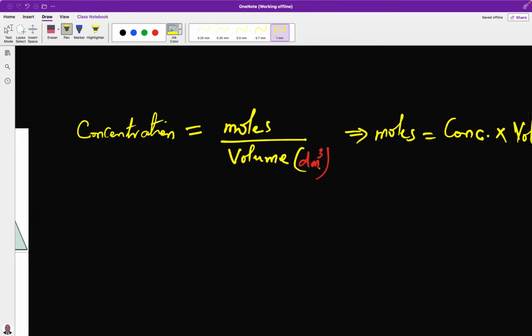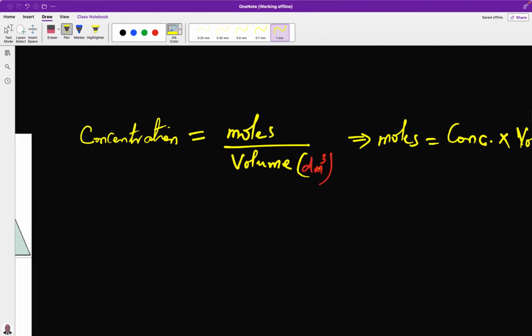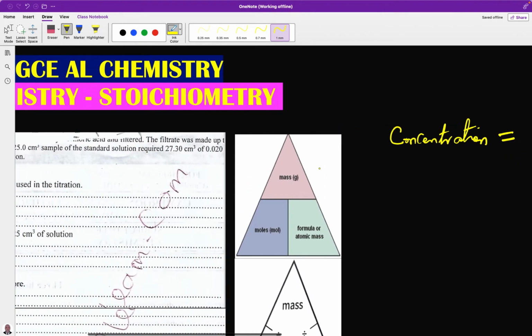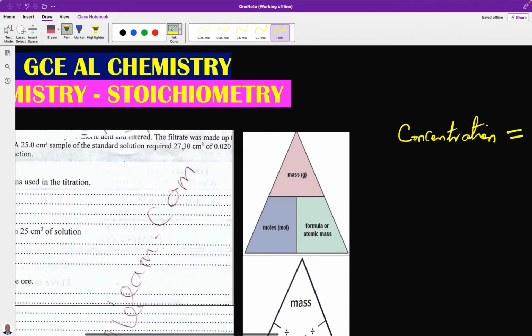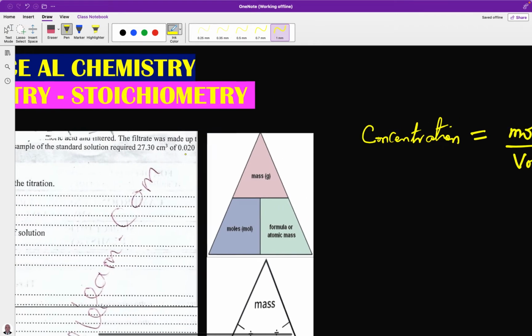Now we have been told that the volume of the dichromate 6 is 27.30 and the concentration is 0.02.